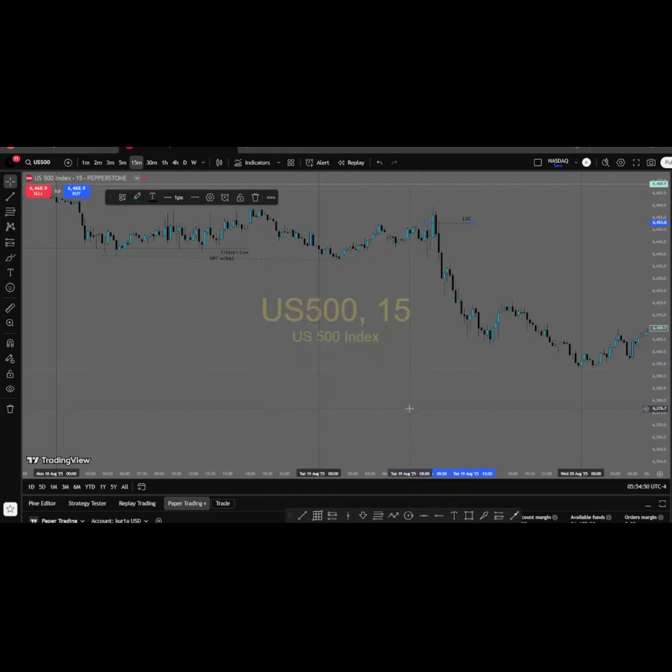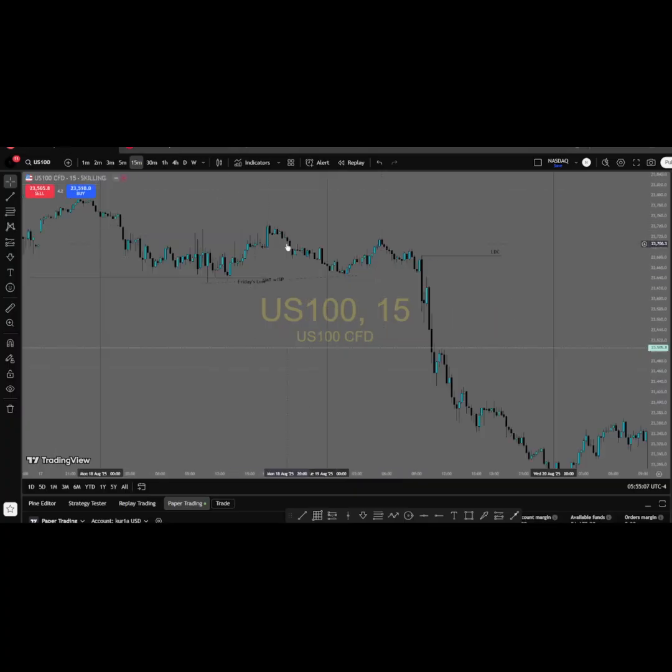So we had another SMT moved from this point to this low, because you can now see that on US 500 this low was not swept at 9:30, while on US 100 this low that had formed at 1 a.m. was swept at 9:30, thus forming another SMT right there.